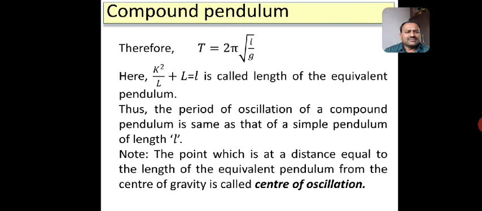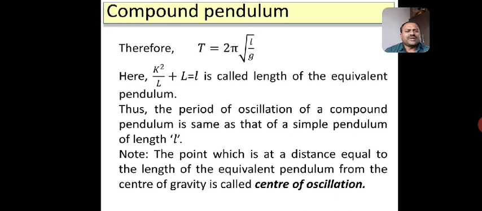The length of the equivalent pendulum can be defined as follows: if the period of oscillation of the compound pendulum is the same as that of a simple pendulum of length L, then that particular length is known as the equivalent length of the compound pendulum. Therefore, the period T is equal to 2 pi into square root of L by g, where L is the length of the equivalent pendulum.